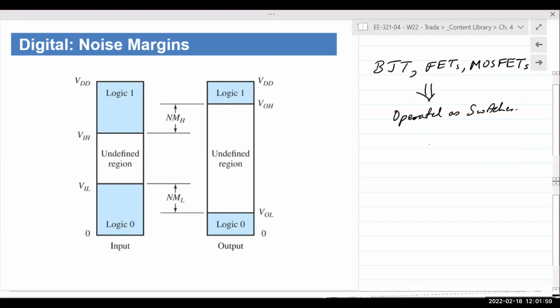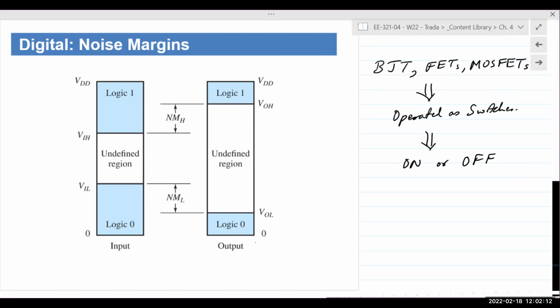So they are operated either in on mode or off mode, which is basically saturation or cutoff. Okay, so even if there is unwanted noise in there, the unwanted noise is not big enough to actually deviate the state of operation. So if a transistor is supposed to be on, that extra noise that is picked up is not going to affect the operation of the switch.